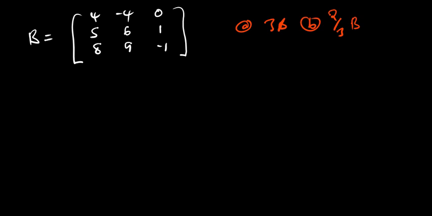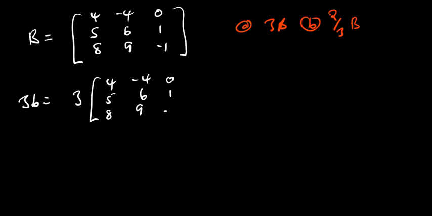The first one, we want to find 3B. So 3B is 3 times the matrix 4, 5, 8, -4, 6, 9, 0, 1, -1.